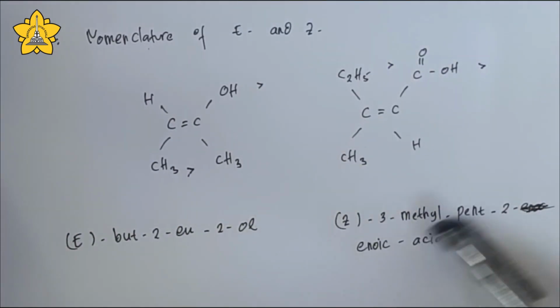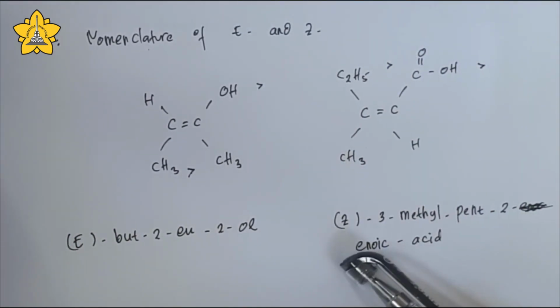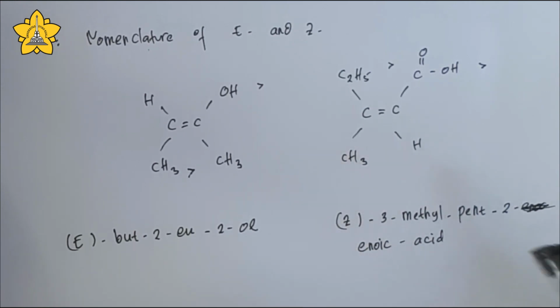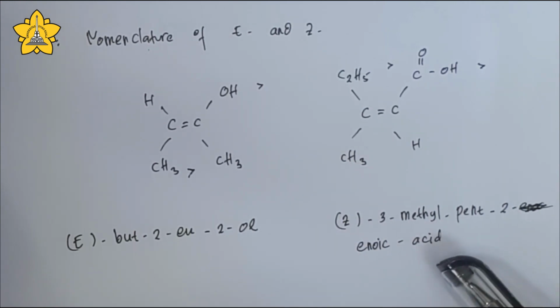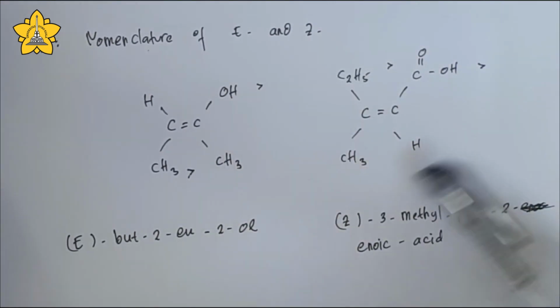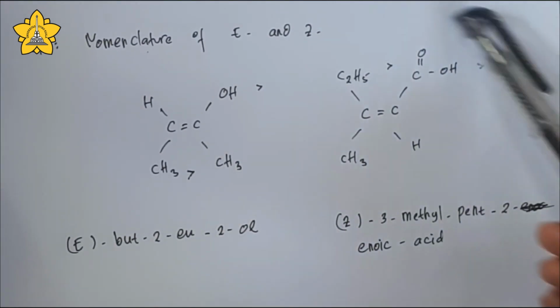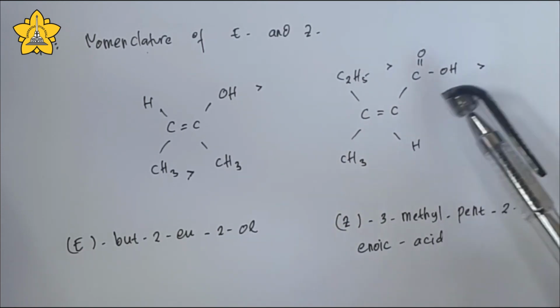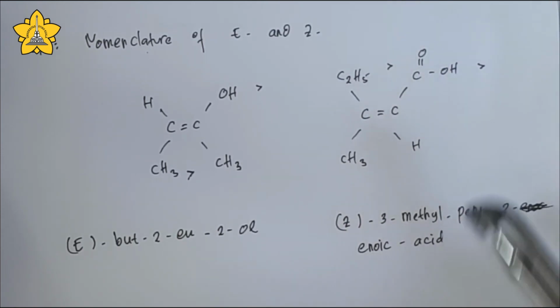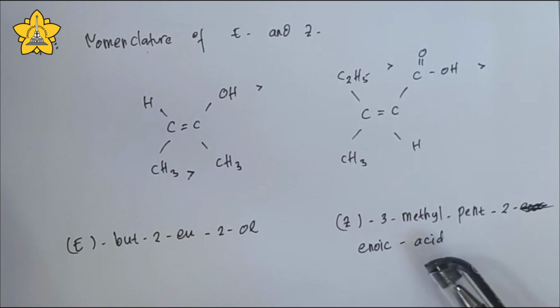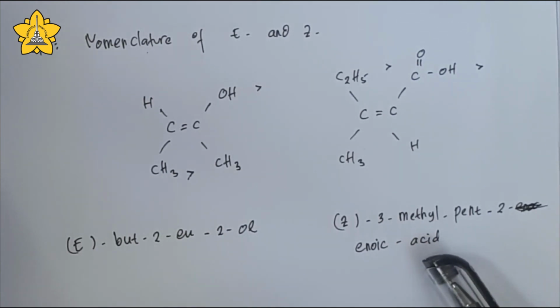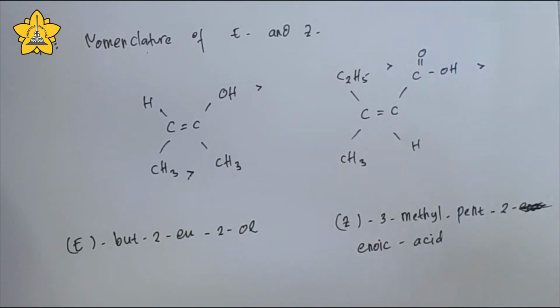The other molecule is the Z molecule of this pentenoic acid. This is an acid because it is a carboxylic acid. We have the carboxylic acid functional group here. That's why we name it with acid at the end of the IUPAC name of this molecule.